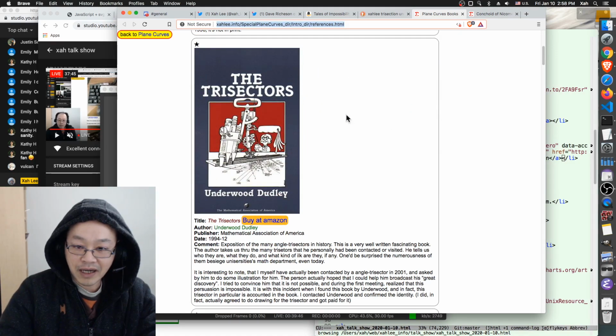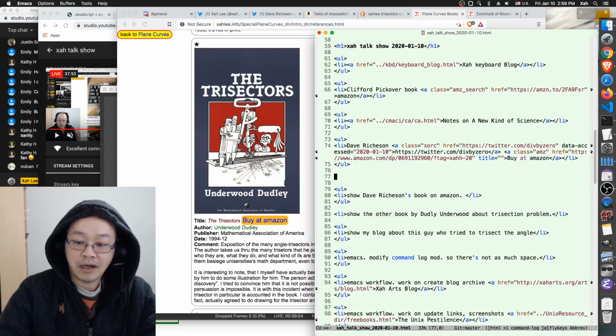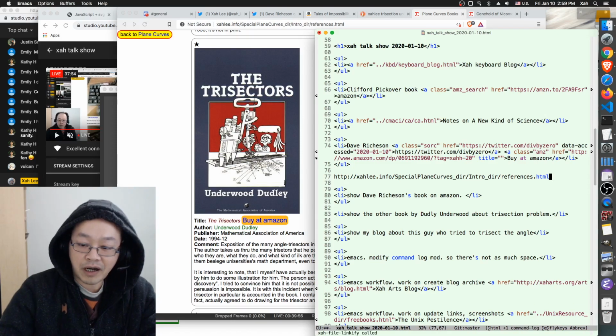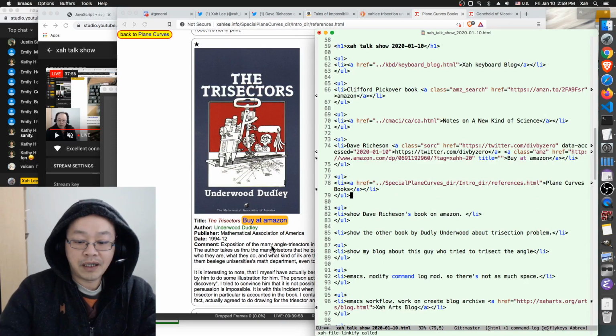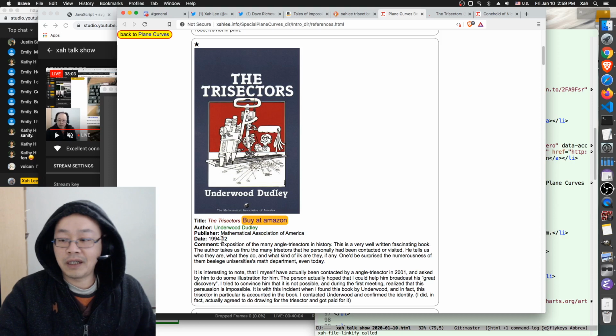And one of the books I'm talking about, The Trisectors by Underwood Dudley. Underwood Dudley is a mathematician at some university I forgot. This book was published in 1994.